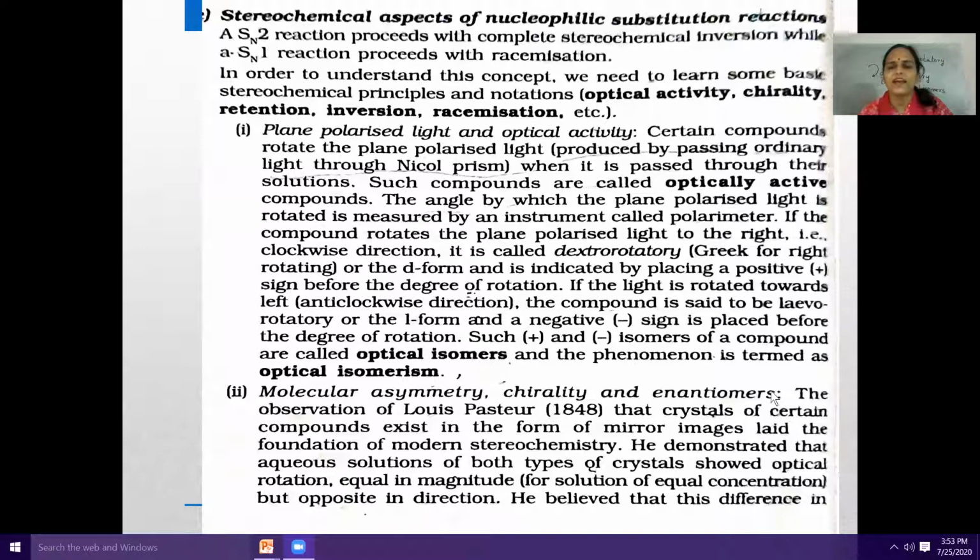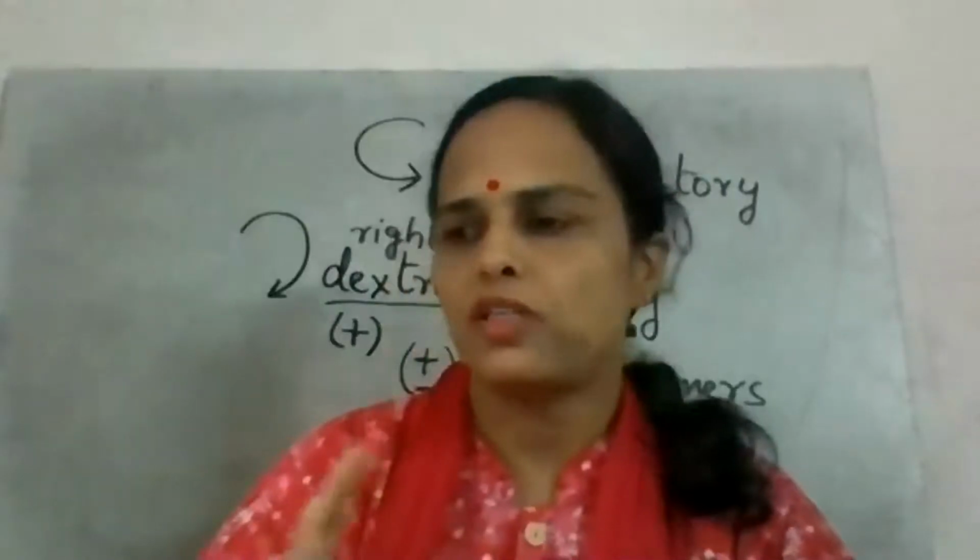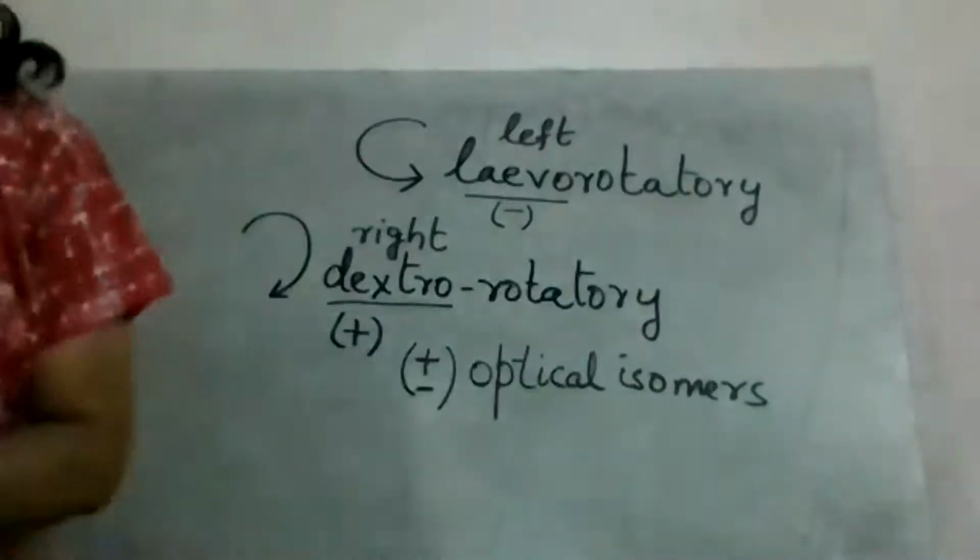chirality, and enantiomers. Let me explain molecular asymmetry. Which compound is called asymmetric? Symmetric means which can be divided into two equal halves. And asymmetric carbon is a carbon having 4 different groups on it. Suppose I write this compound.